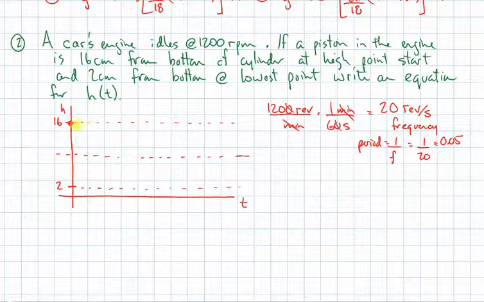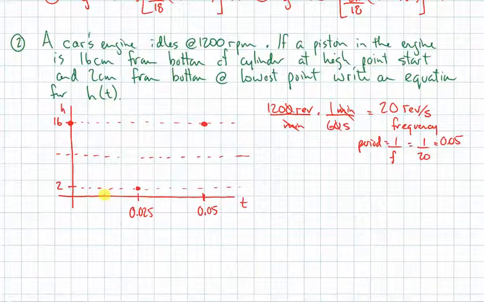If I want to represent the next values, let's just use this scale for convenience. My next peak is going to be at 0.05 seconds, which is very fast. If I go halfway, 0.025 is where it hits the minimum.